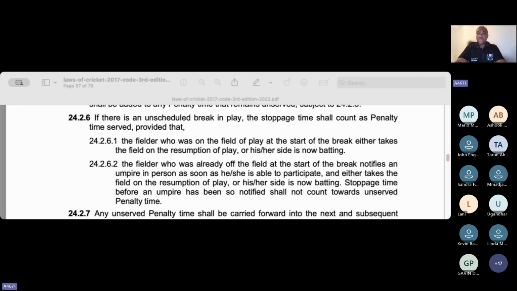Cool. Neville asks, a batter came to bat wearing an internal leg guard and an external thigh guard. What action should the umpire take, if any? Neville, the law does not specify whether a batter needs to wear their leg guards and thigh guards internally or externally. It is common practice for leg guards to be external and thigh guards to be internal.